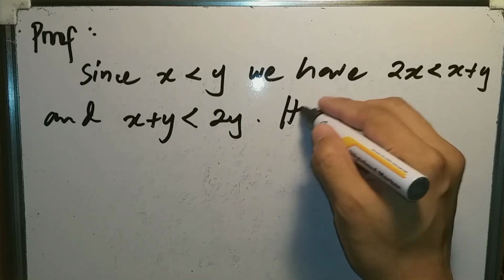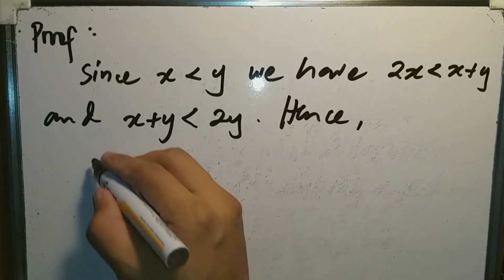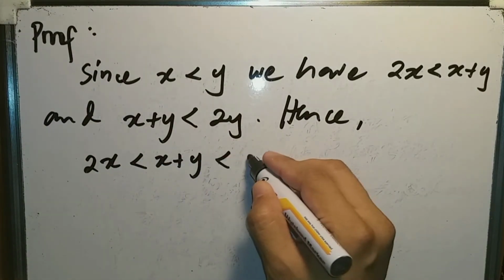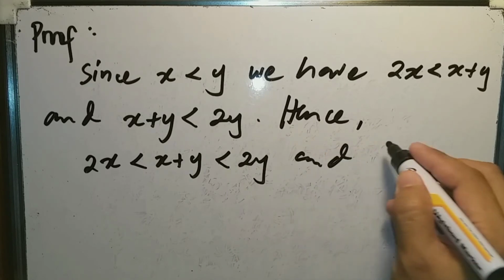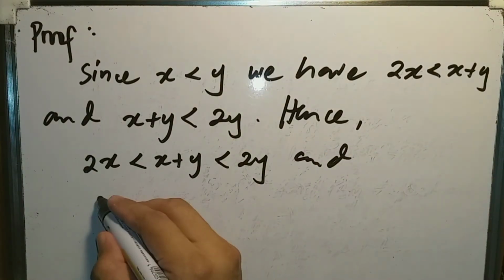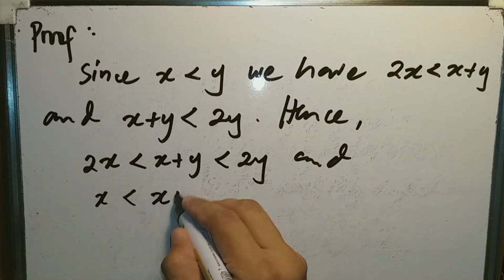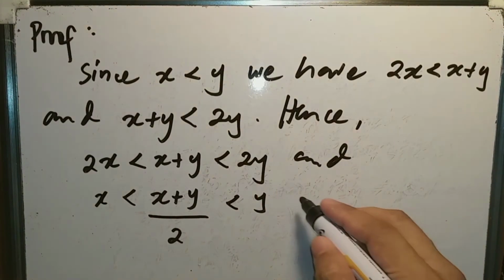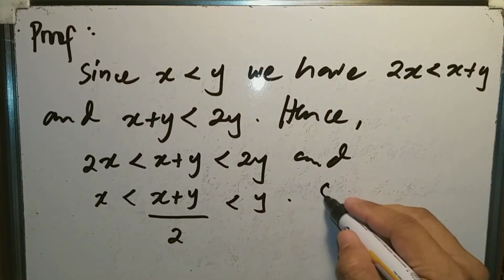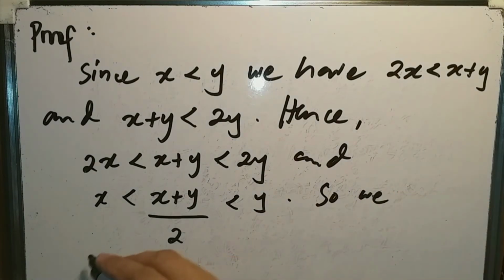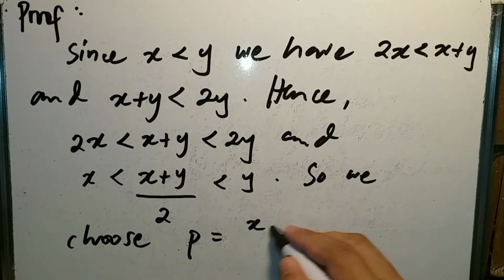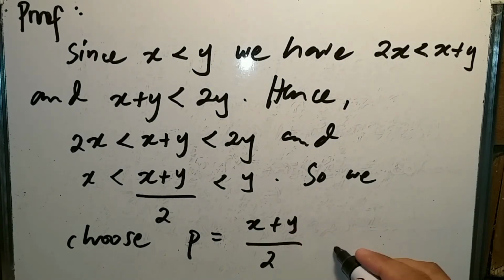So hence 2x less than x plus y less than 2y, and x is less than x plus y all over 2, less than y. So we choose p equal to x plus y all over 2. So that's the end of the proof.